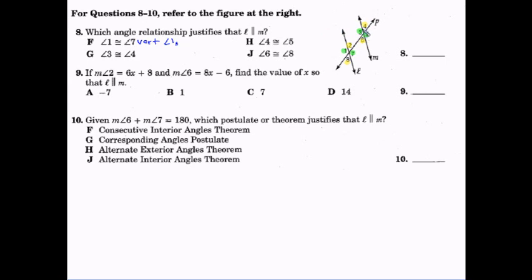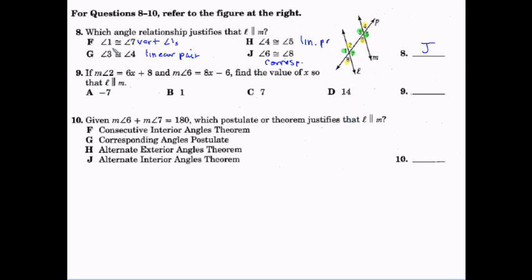We have 3 and 4. Those are linear pair. That doesn't tell us anything about parallel. 4 and 5 are another linear pair. So we have 6 and 8. 6 and 8 are corresponding, and they're congruent, so that tells us J. The fact that these corresponding angles are congruent tells us that the two lines are parallel.